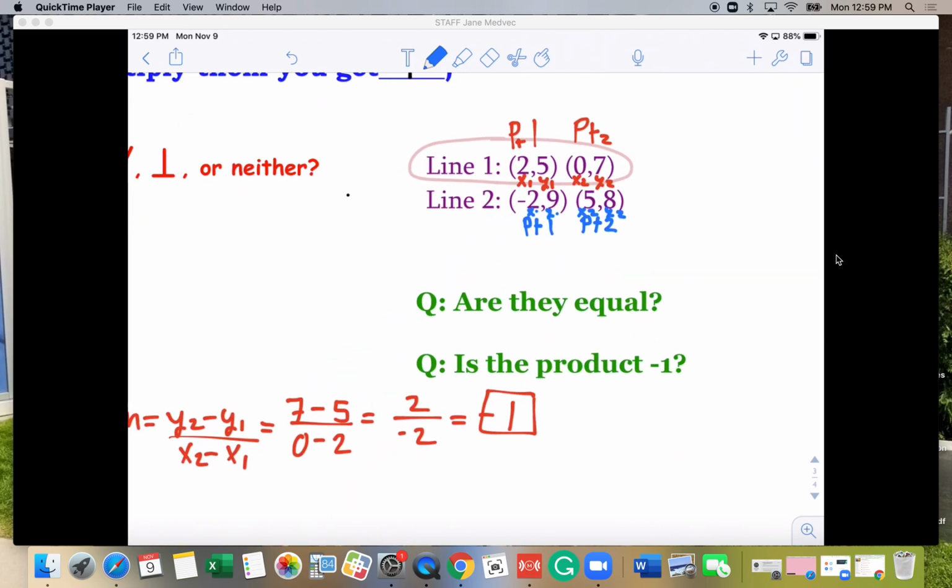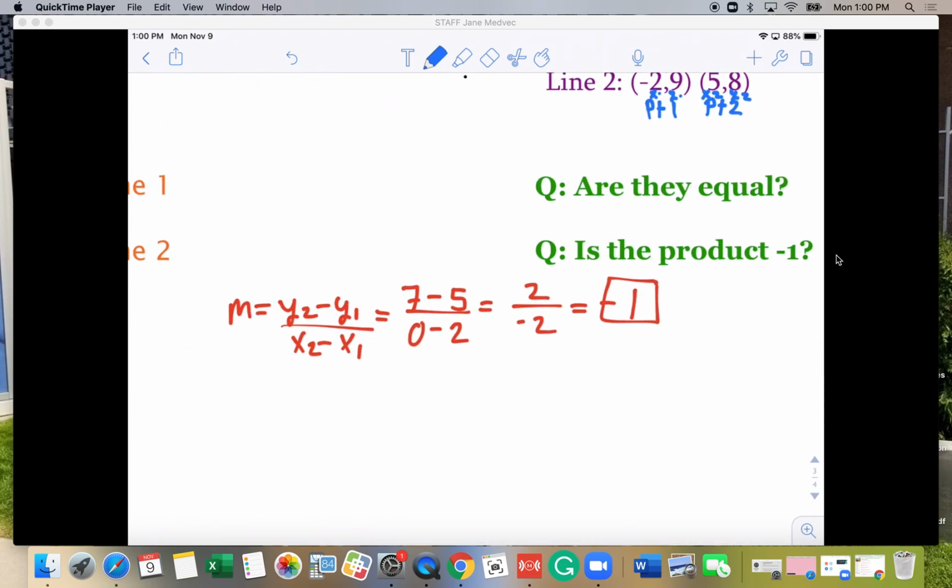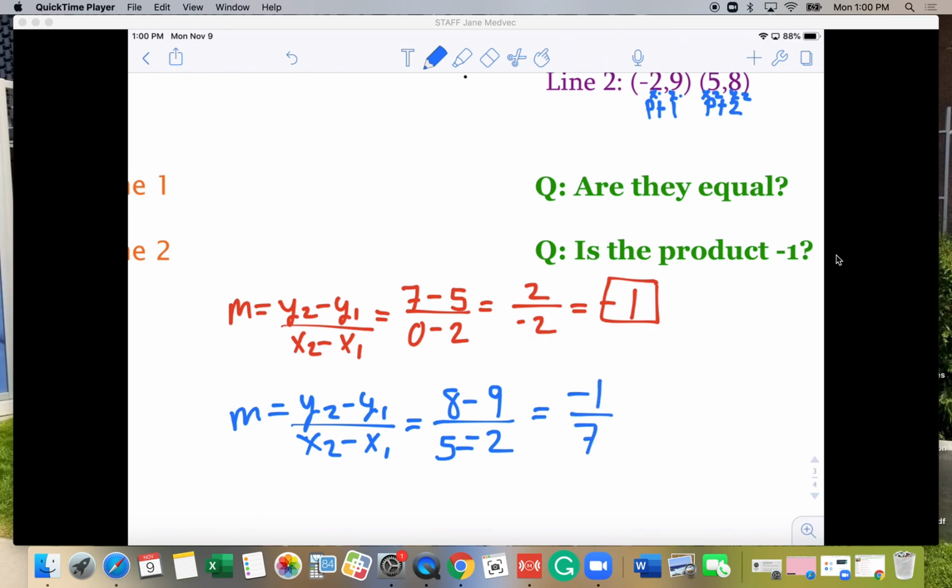I'm going to grab that formula again. So my y2 is 8 minus 9 and 5 minus a negative 2. So I end up with negative 1 over 7.